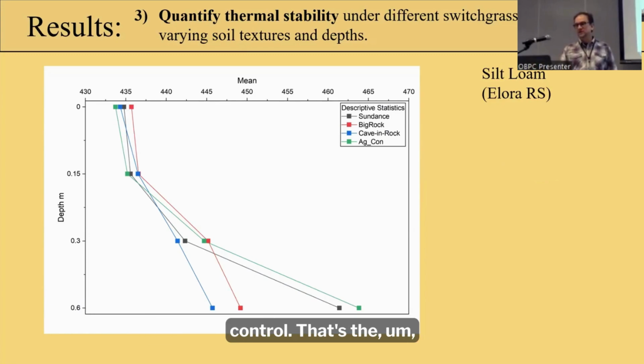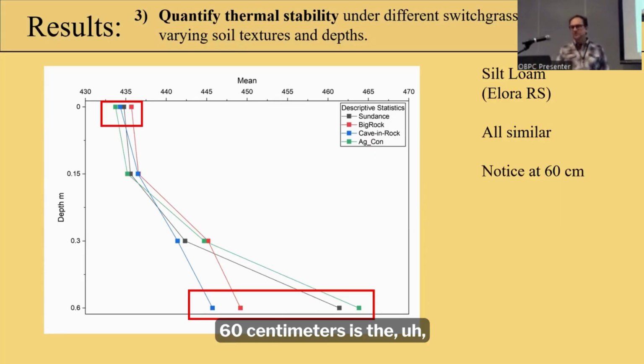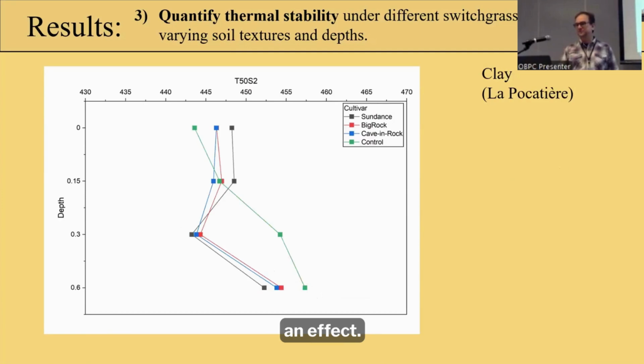They're all very similar at the surface, but at depth, 60 centimeters, it's the Big Rock and the Cave and Rock that appear to be pulling more available material down into that deeper part of the profile. Very interesting: a different soil, a bit heavier texture compared to the sand, moving some of that stuff a bit farther down before you start to see an effect.